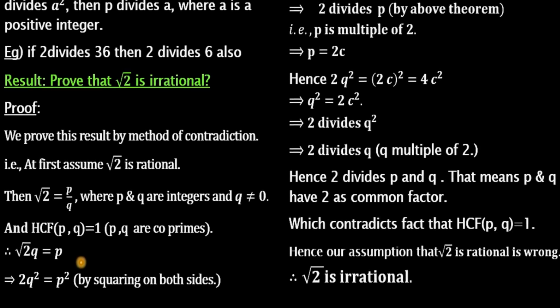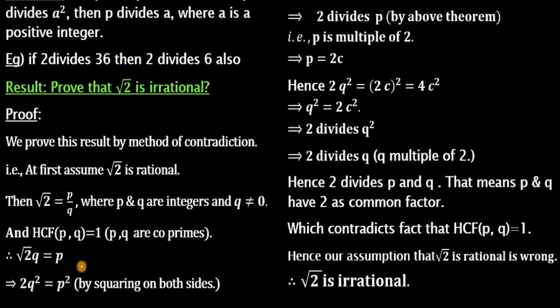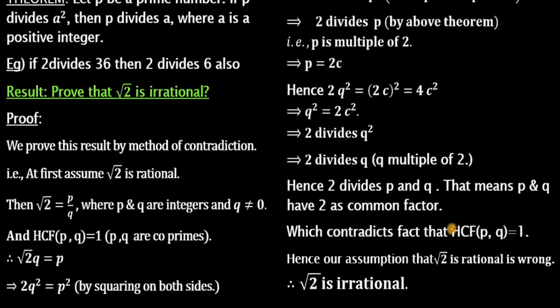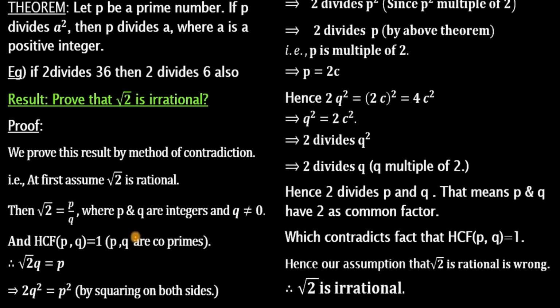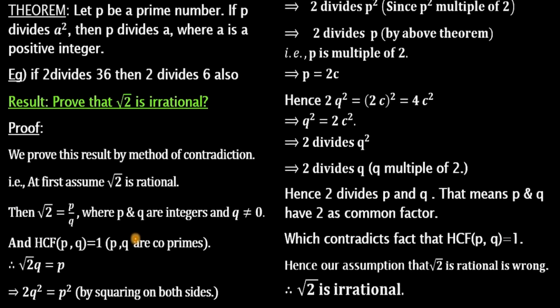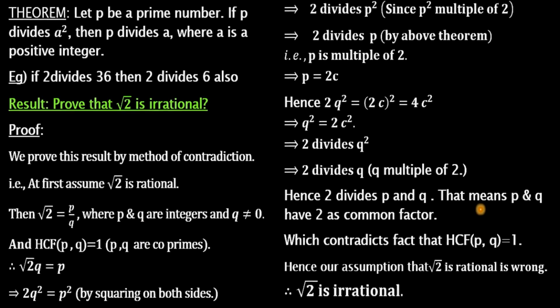The unnatural thing we found in our path is that the HCF of p and q equals 1 according to our definition, but we got that p and q have a common factor other than 1, that is 2. Hence, our assumption that root 2 is rational is wrong. That path is wrong, and we have to move by the first path, that root 2 is irrational. Hence, we can conclude.